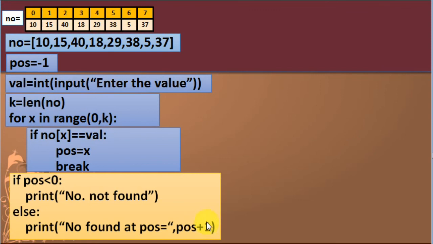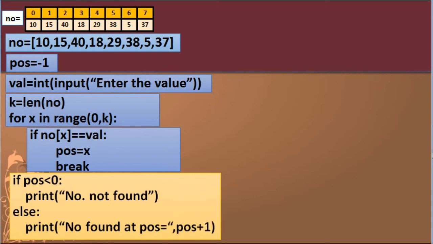Because it will give us the index number and we have to show the position according to the user. Means if I search 29, counting it is 1, 2, 3, 4, 5, and if it counts according to the index number, it is 0, 1, 2, 3, 4. So that is why we have to put pos plus 1.